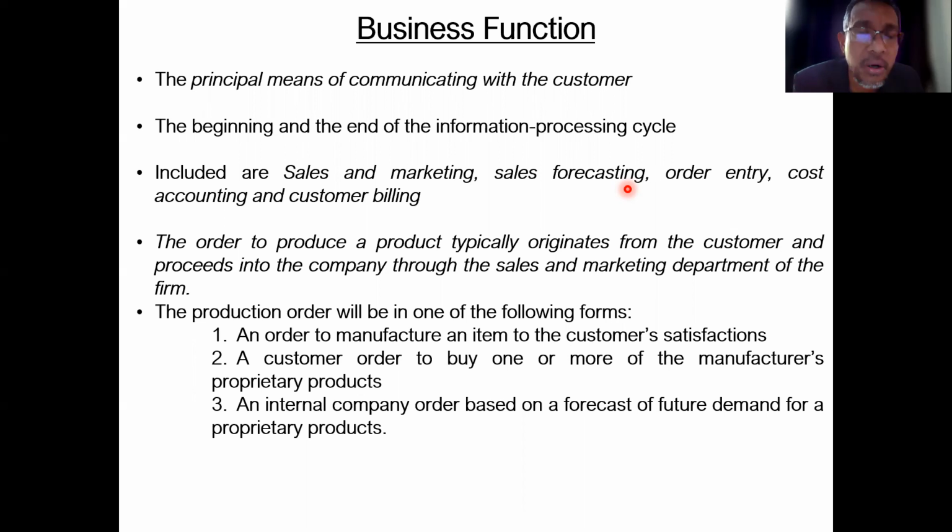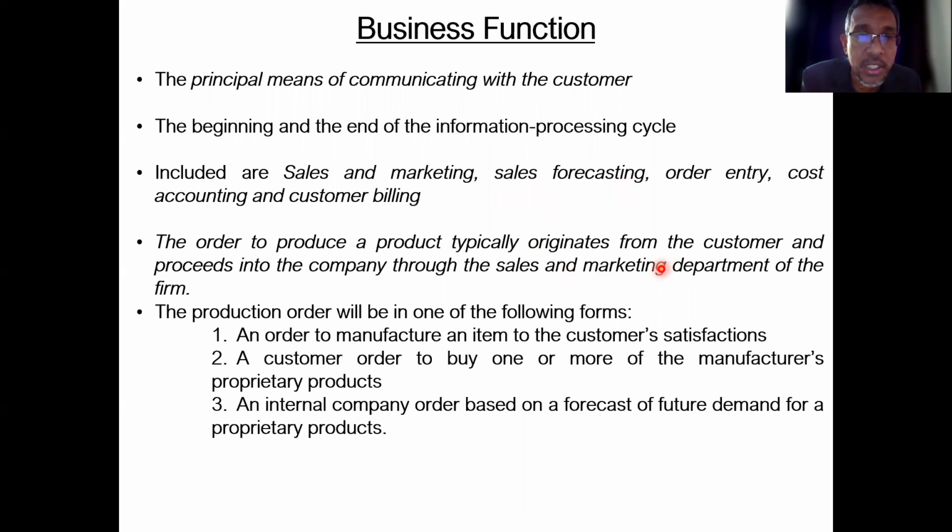The order to produce a product typically originates from the customer and proceeds into the company to the sales and marketing department of the firm. They pass the order to the other different departments in the company.